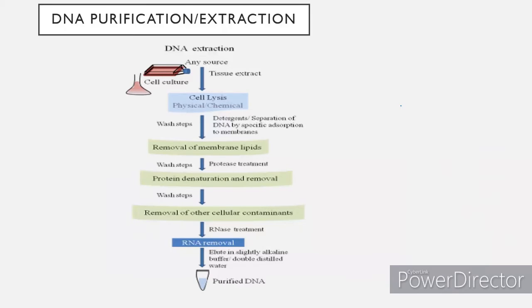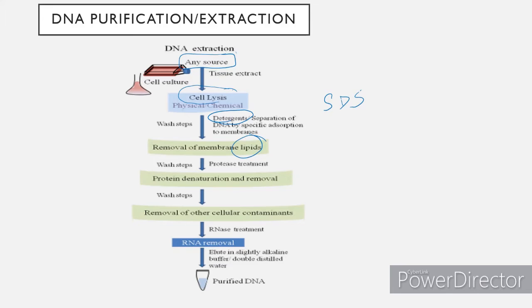Another picture is shown. So any source can be used. I told you we used plant leaf and then chicken liver. Then we need to lyse the cell using the enzyme that is chitinase, cellulase or lysozyme. Then lipids and proteins are removed by detergents. For example, we used SDS. These are detergents that we use to remove lipids and proteins.